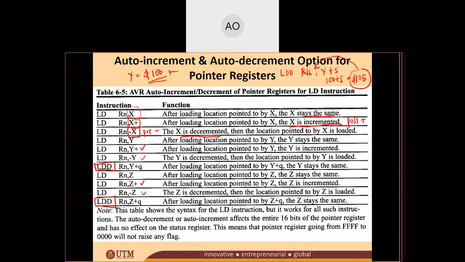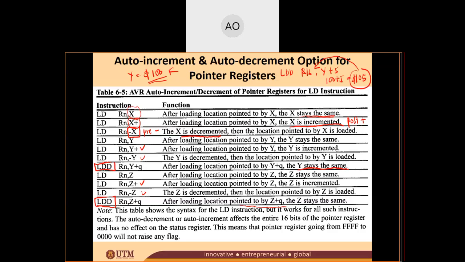So Y stays the same, no change to your Y. Sama juga dengan Z. You load the location pointed to by Z plus Q, then Z stays the same. So these are the differences between X plus, minus, Y and Y plus Q.